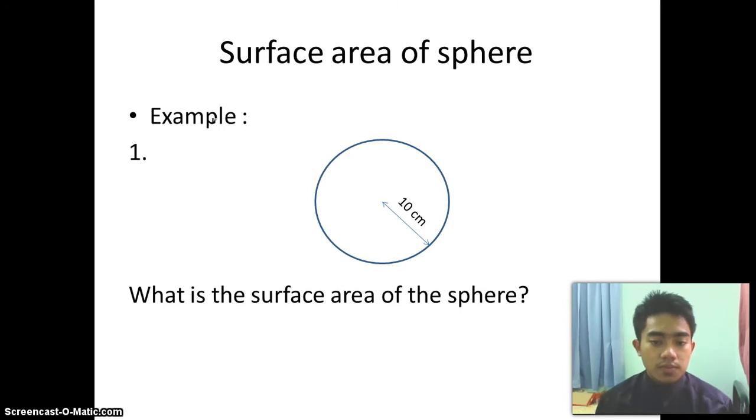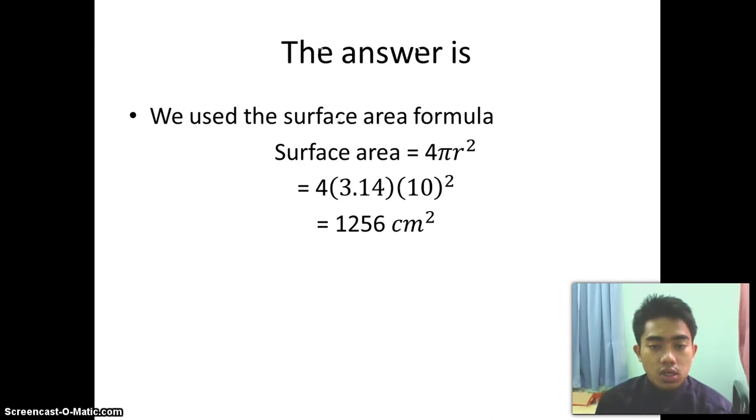The radius is 10 centimeter, and so to get the surface area of the sphere, we must use this formula. Surface area equals 4 pi r square. Pi we change to 3.14 like we used to do, and r we use 10 because the question gives r is 10.